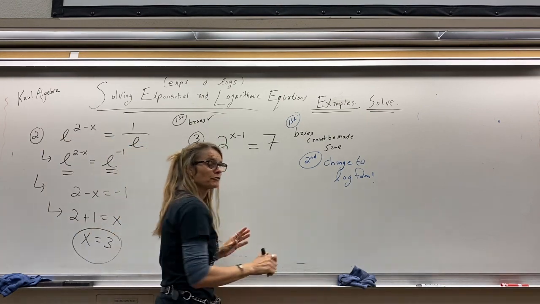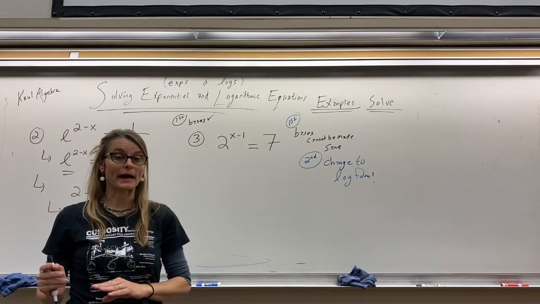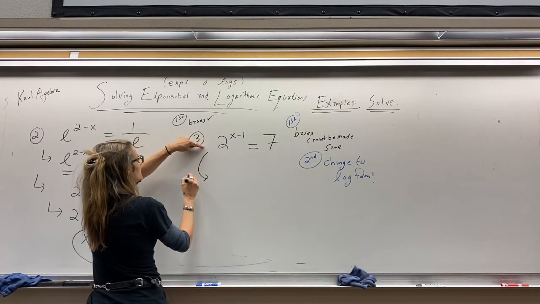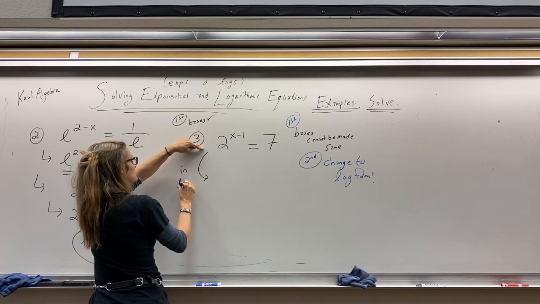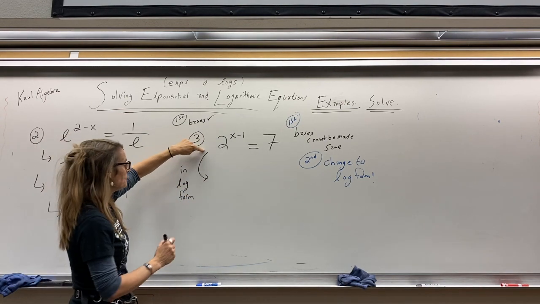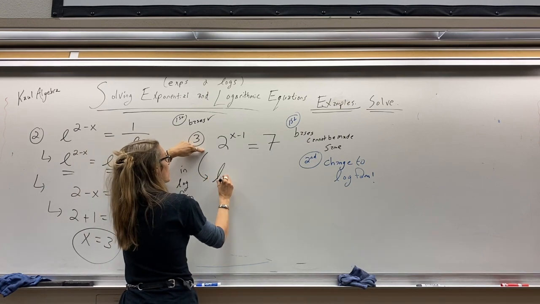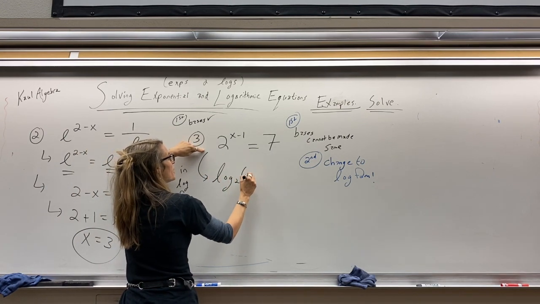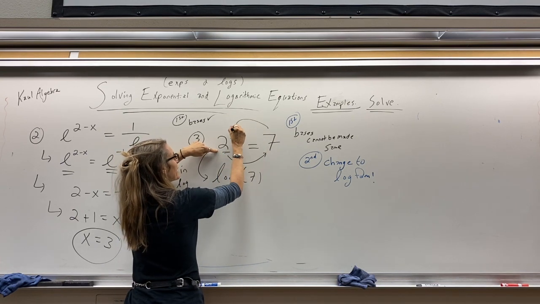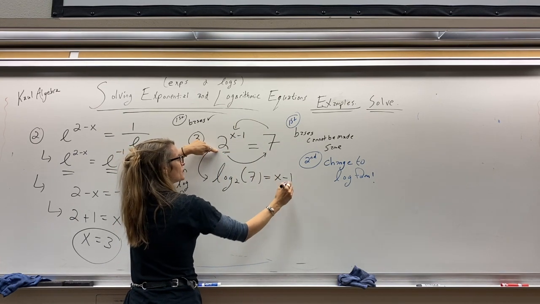Now we have to remember the format, base over back. We start with our base. So I'm going to write this in log form. It is so important to get fluent in converting to log form. We say log base 2 of 7, so base over back, equals x minus 1.